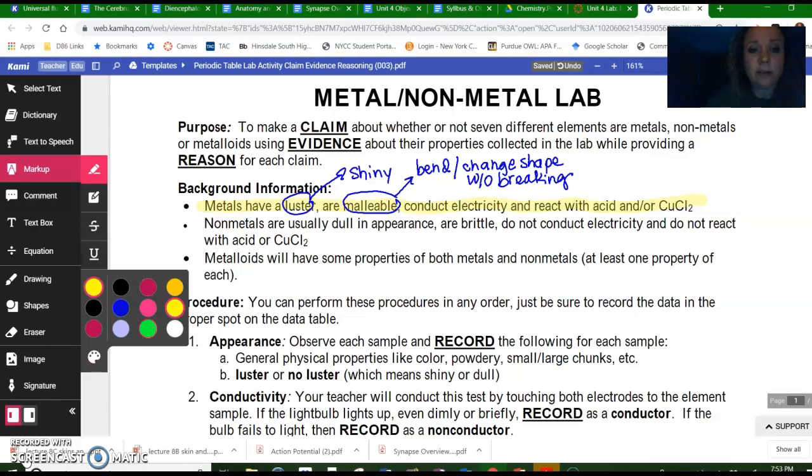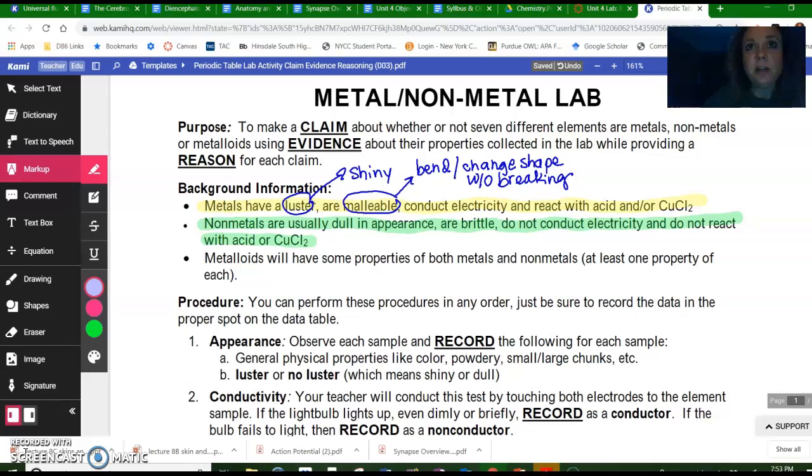So our nonmetals are usually dull in appearance, which is the opposite of shiny. They're brittle, which means that they shatter. They do not conduct electricity and do not react with acid or copper chloride. And then lastly, we have our metalloids.